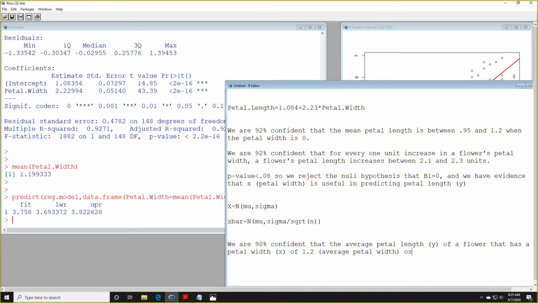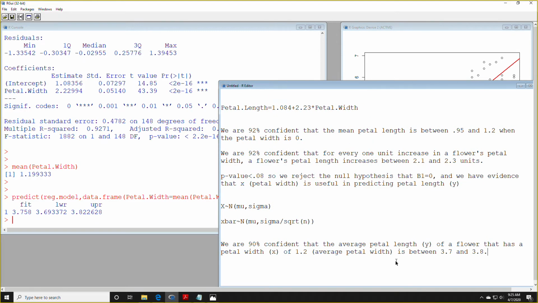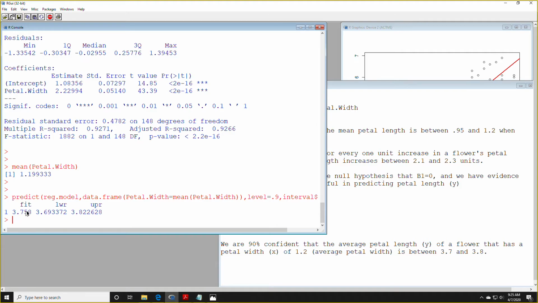Is between 3.7 and 3.8. That is exactly how we would interpret this confidence interval. So we're 90% confident that the average petal length of a flower that has a petal width of 1.2 is between 3.7 and 3.8. Okay? So this fit, that's the point on the line.